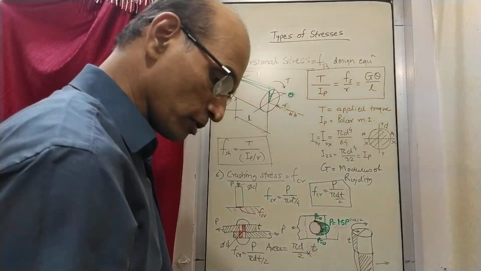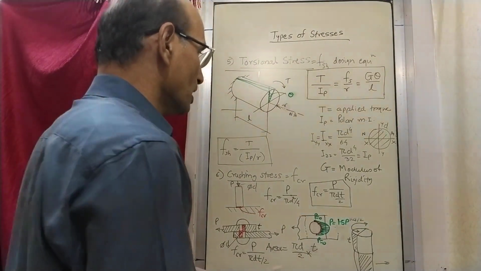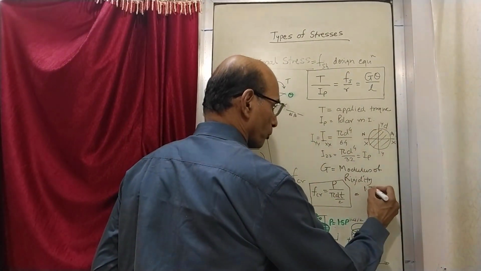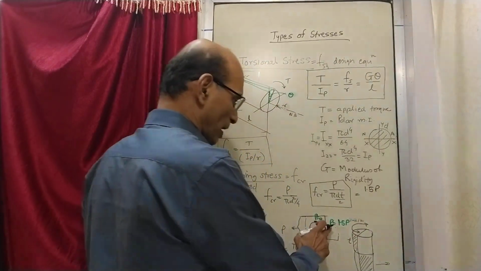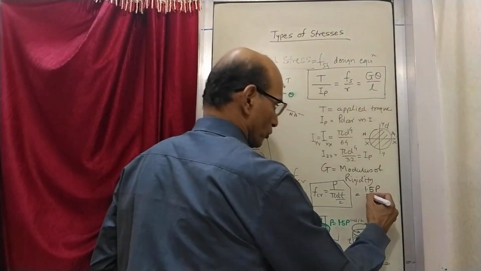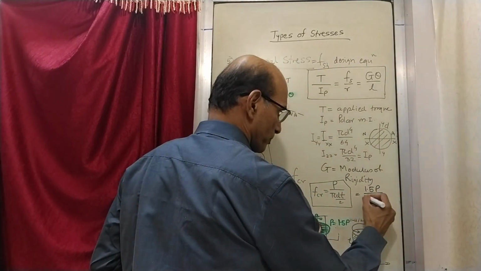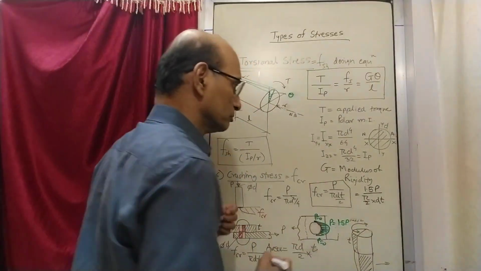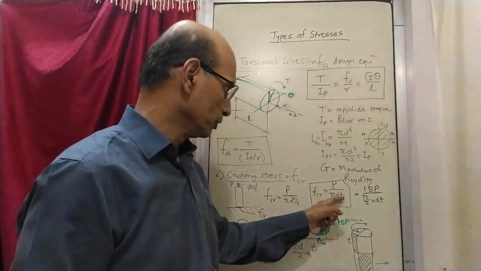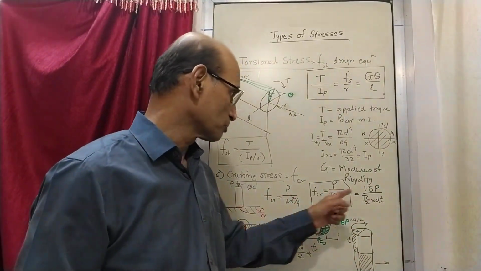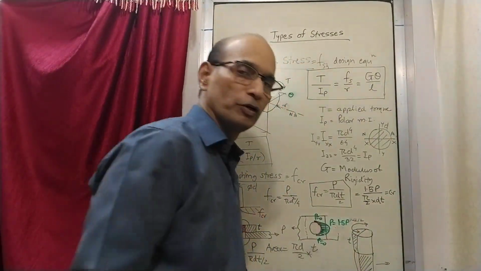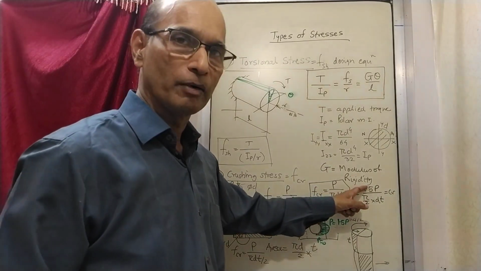Now, when this is the distribution of force, the load which we have taken here has to be taken as 1.5 times P, because that is the maximum load. We have to take the maximum load divided by pi by 2 into dt. So the crushing stress formula is this, where we have substituted the value of P as 1.5P.